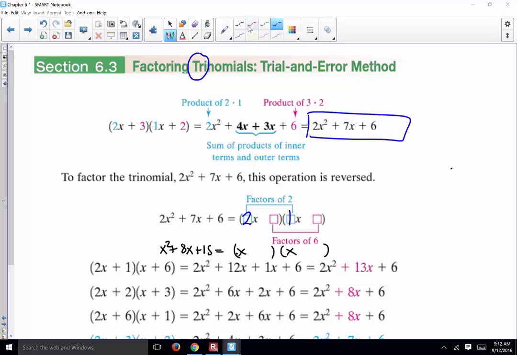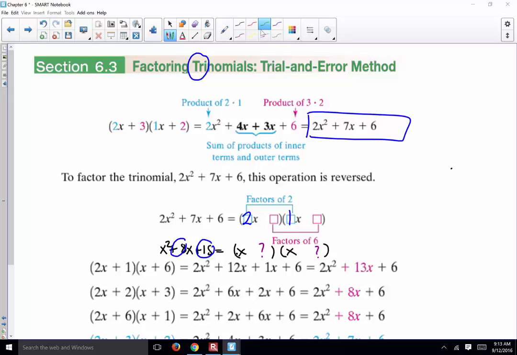Same idea, and on Friday I determined these question marks, the missing pieces, simply by answering this: what two numbers multiply to 15, and those numbers must add to 8? What was the answer? What two numbers multiply to 15 and add to 8?